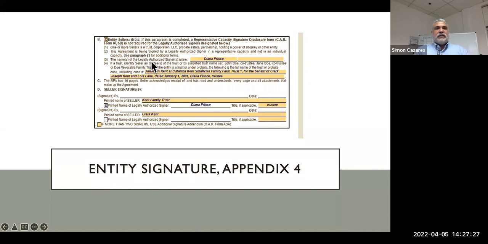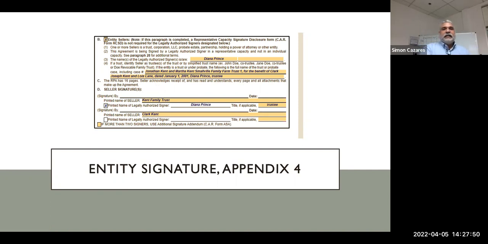The name of the legal authorization is Dana Prince. It includes Jonathan Kent and Martha Kent from Smallville Family Trust for the benefit of Clark Joseph Kent and Lois Lane, dated January 1st, 2001.